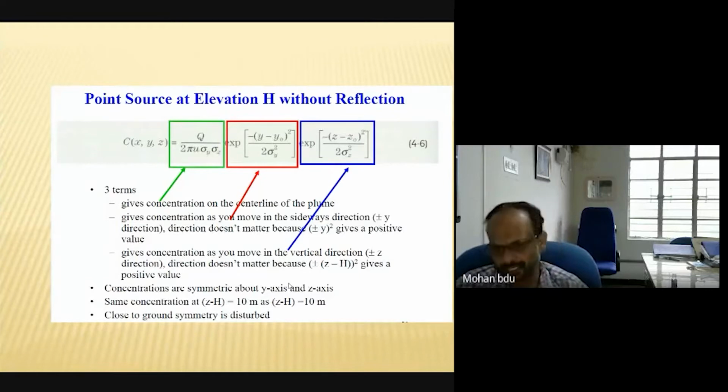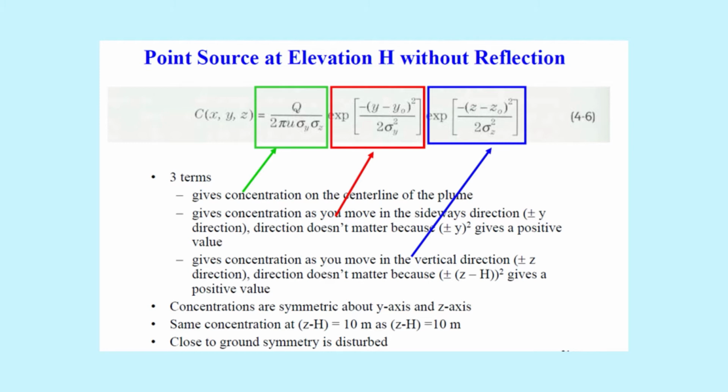Based on the atmospheric stability, we can get the coefficient values, which I'll come to later. So you can have all three equations at whatever is the desired location. For example, you may be interested only in the center line of the plume. So this is the formula that is used for the center line at a given downwind point.